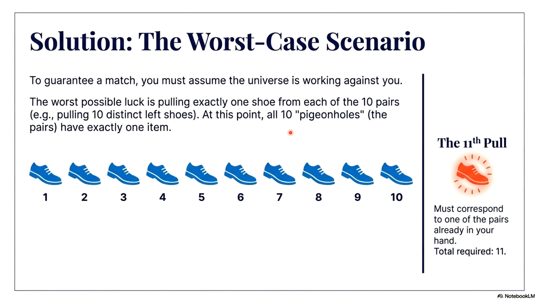And so on that 11th selection, you have to make a pair since you've already depleted one of each of the pairs of shoes already. So that's, I think, fairly straightforward. I have another problem for you in the next slide. Let's have a look at that.